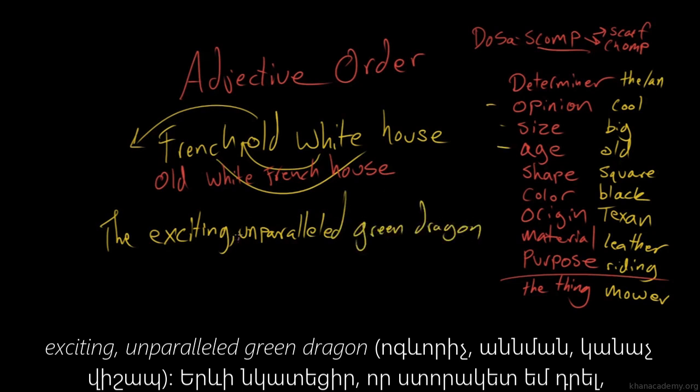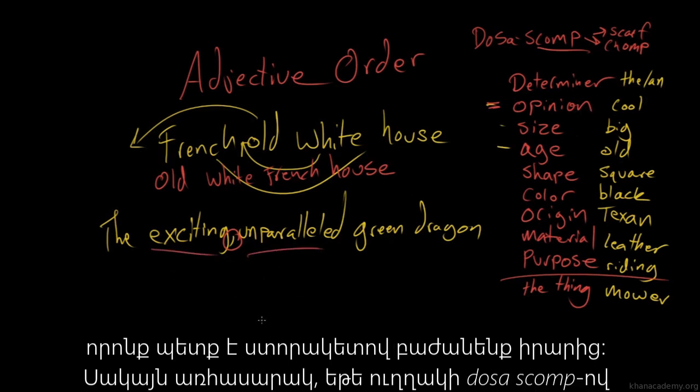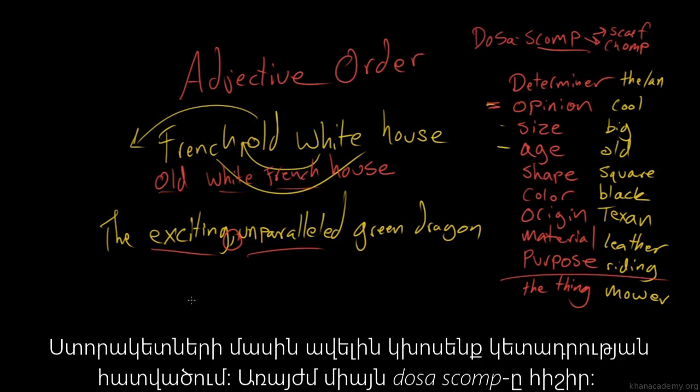And you'll notice I put a comma there because when you use 2 adjectives from the same category, so 2 opinions, the exciting and unparalleled, you want to separate them with a comma. But generally, if you're just scooting down the dosascomp, old white French house, you don't need to separate these non-coordinate adjectives from each other. And we'll get more into commas in the punctuation section.